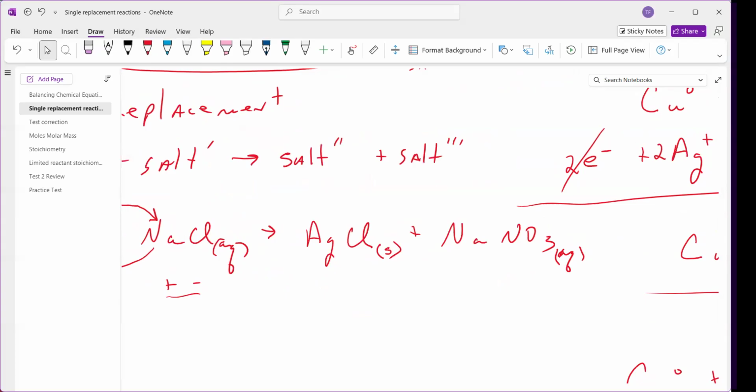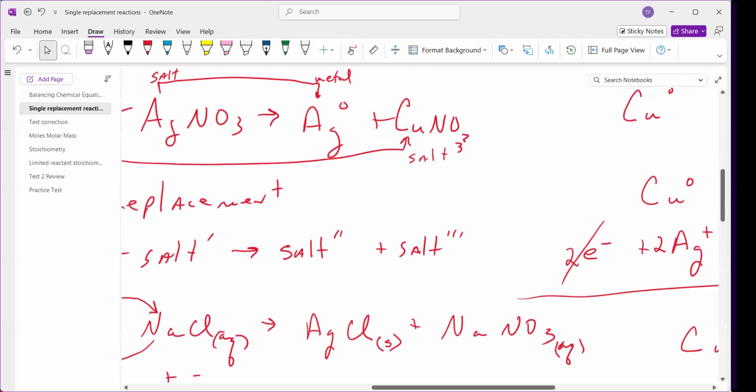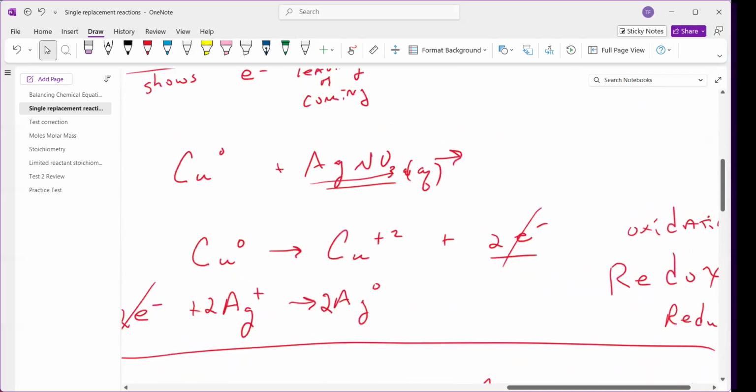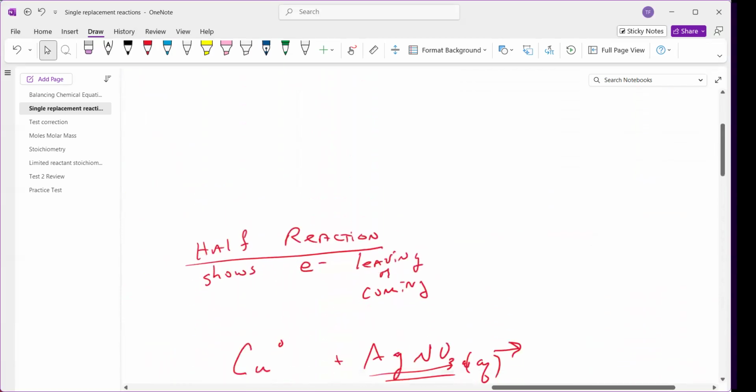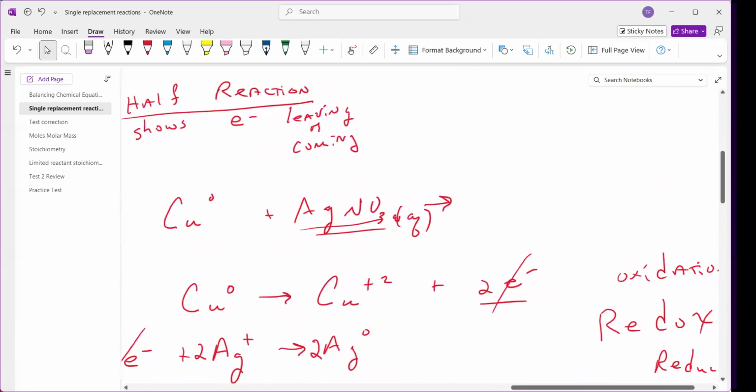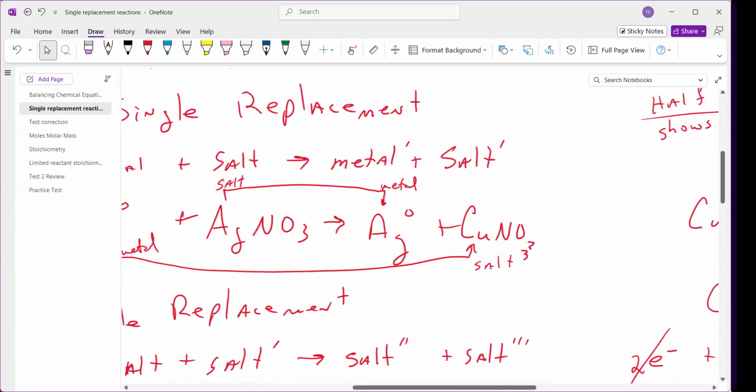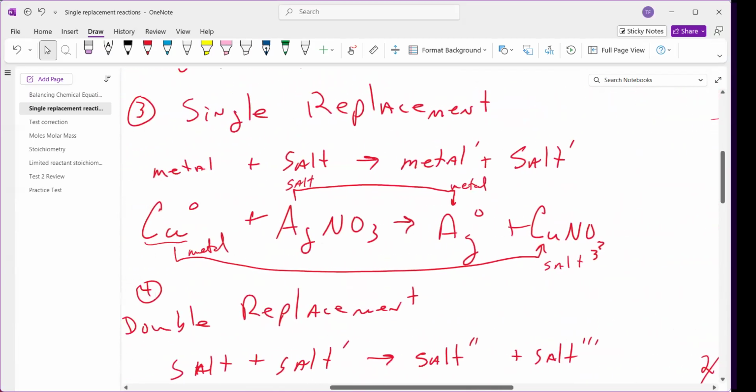So you need rules, solubility rules, or a table. And I'll be giving you both of those tomorrow. Okay, so today we're going to focus on single replacement.